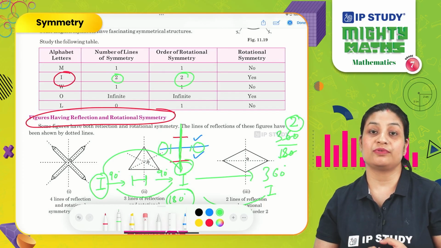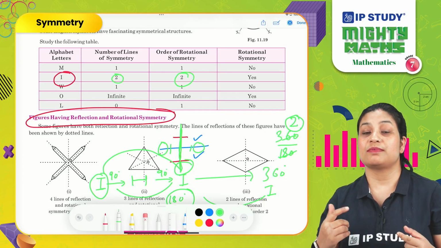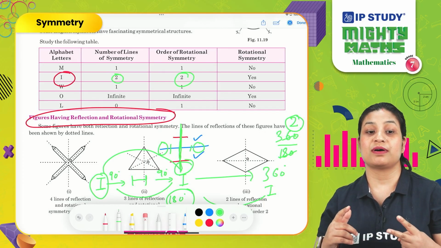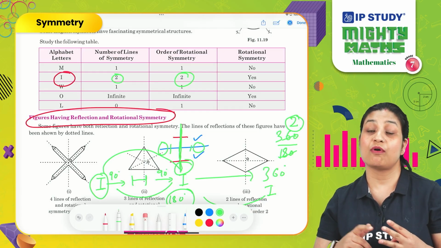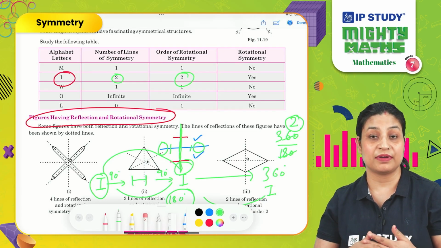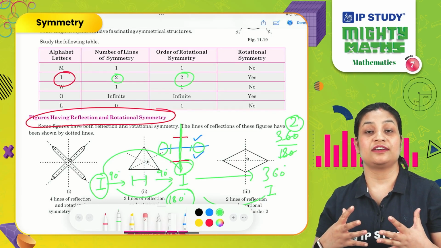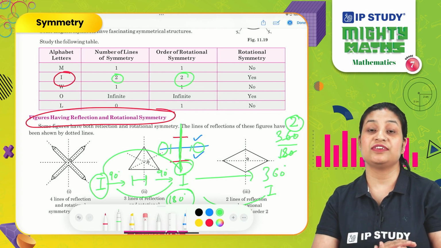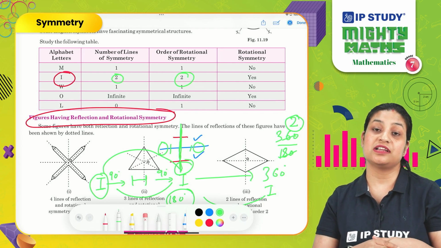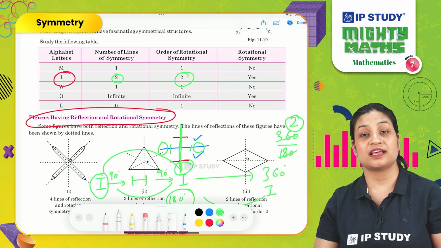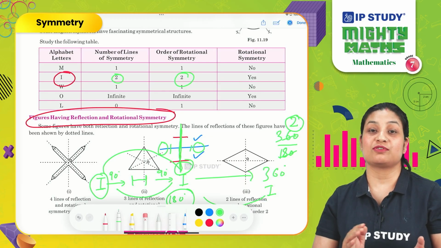Then we discussed rotational symmetry, the center of rotation, the angle of rotation, and the order of rotation, and we took some examples as well in order to understand that topic in a better way. And then we saw there are some alphabets as well having both reflection symmetry as well as rotational symmetry. So that's all for this lecture.